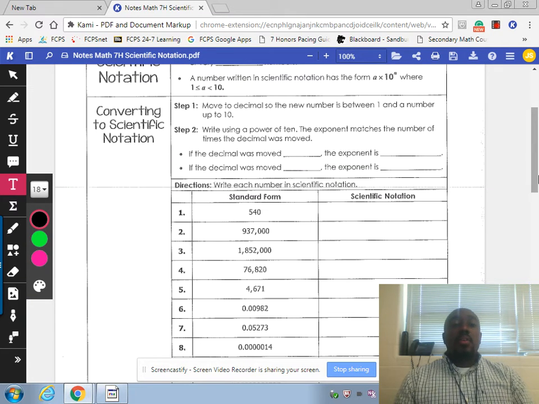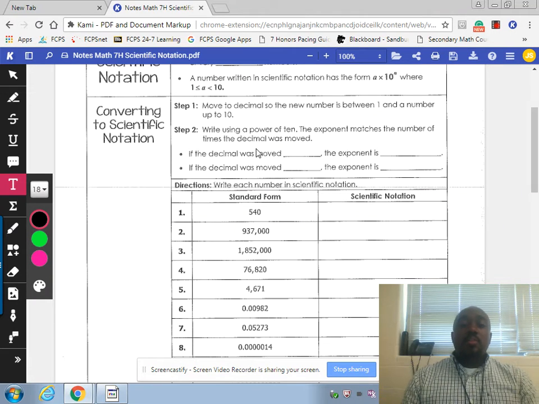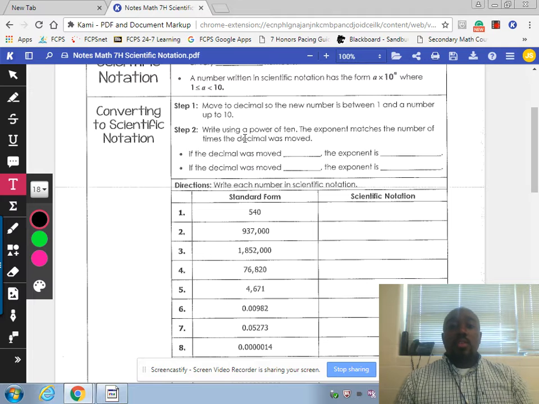So, how do we convert a number to scientific notation? First and foremost, we need to locate the decimal, and then we need to move the decimal to create the new number, to make sure that the new number is between 1 and 10. Then write using a power of 10. The exponent matches the number of times the decimal was moved.